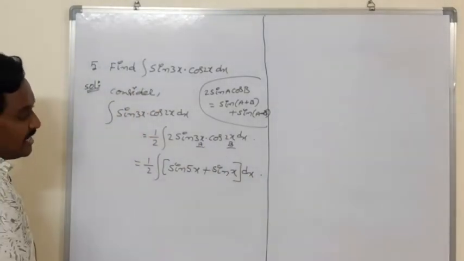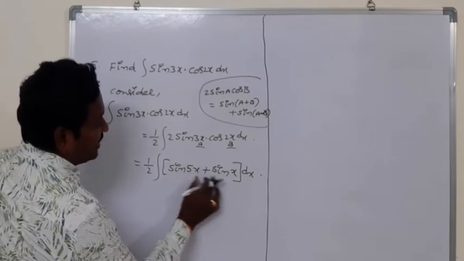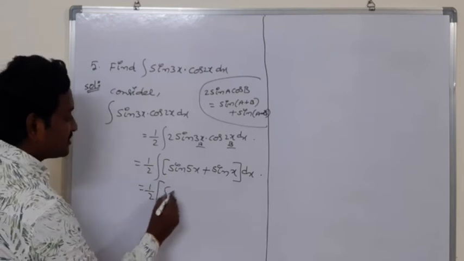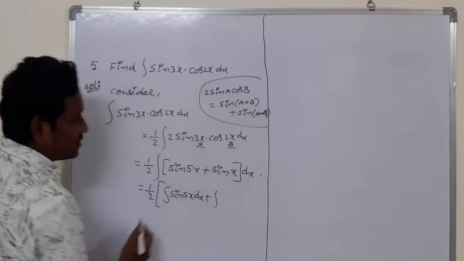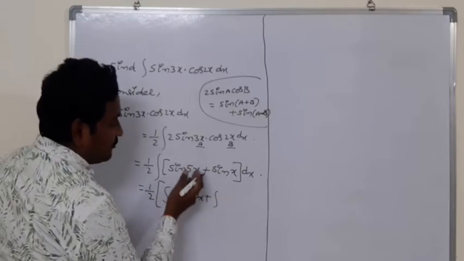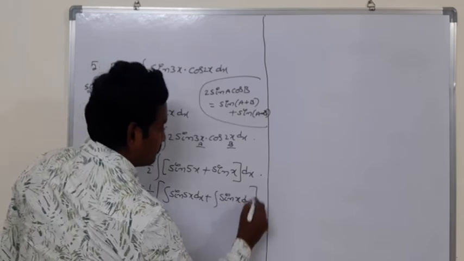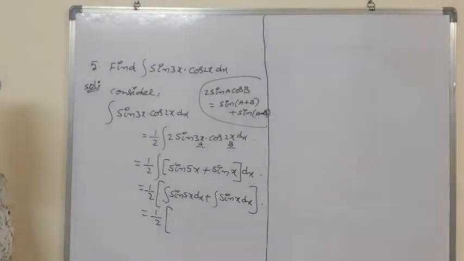Now automatically a positive sign becomes between both functions. Now we can easily separate the terms because in between we have a positive sign. So half into, what is the integration of sin 5x?